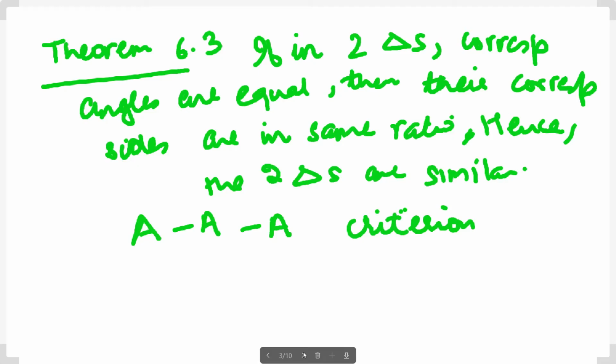The converse of this theorem, theorem 6.2, said, if a line divides any two sides of a triangle in the same ratio, then the line is parallel to the third side.